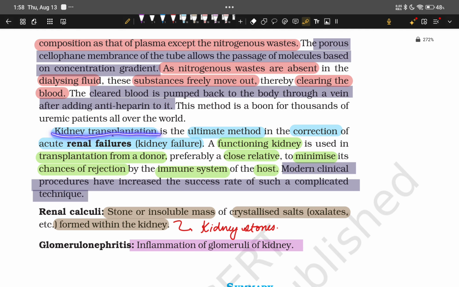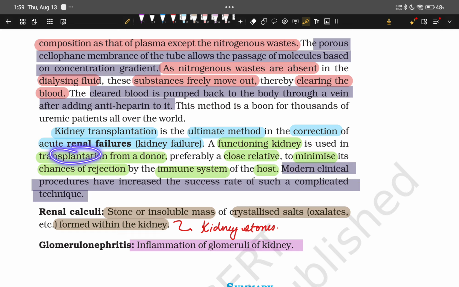Then we have kidney transplantation, the ultimate method for the correction of renal failures. Kidney failure is caused by malfunctioning of the kidney. When there's malfunction of the kidney, there's uremia, which is accumulation of urea, which is of course toxic, because the kidney is not functioning well, so it cannot remove the urea, and that's how it accumulates inside, producing a condition called uremia, and because of that it can lead to kidney failure.